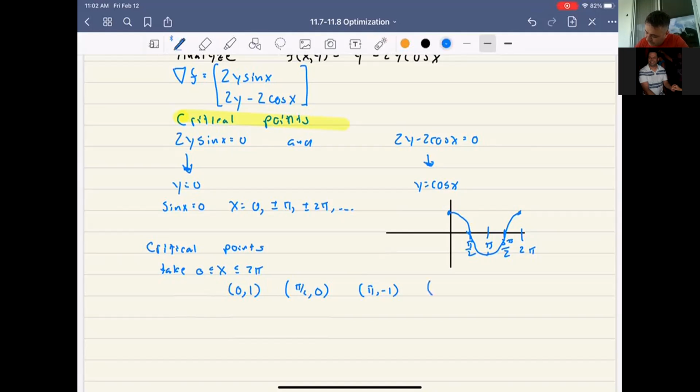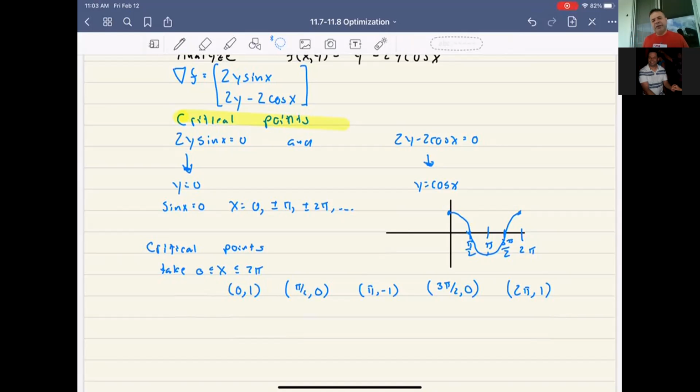Then 3 pi over 2, 0, because y equals cosine of x and y equals 0. And finally, 2 pi comma 1, okay? So that's one full period. Let's take a look at what happens at each of these points, okay?